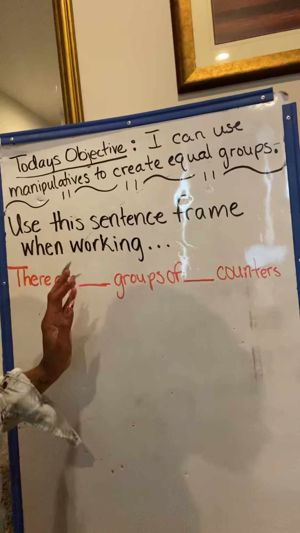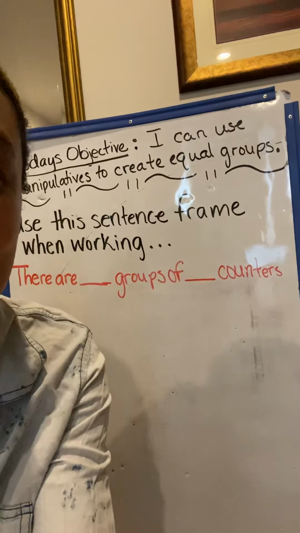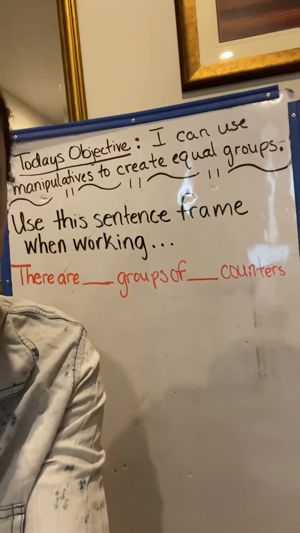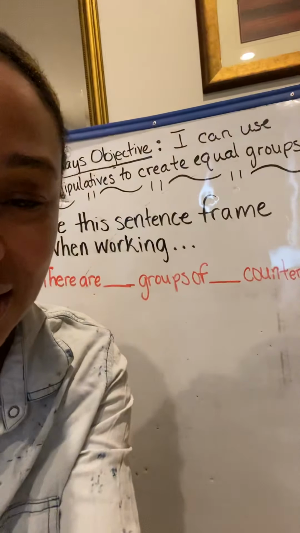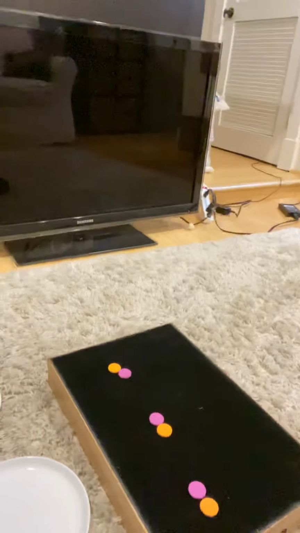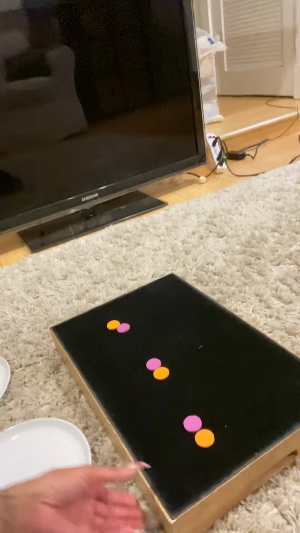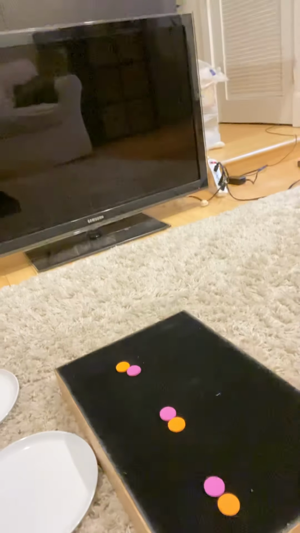We're going to come back to this. So I'm going to flip the camera. Let's see. So we're going to start here. As you can see, I have my manipulatives.